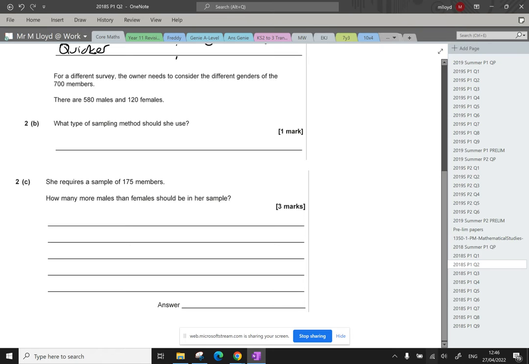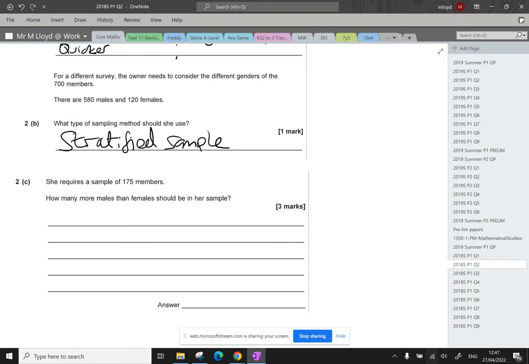You need to have a good split between males and females that represents the population on a smaller scale. So the one method that does it in that way is a stratified sample. Now, if you're struggling with some of these data bits of terminology, speak to an A-level teacher, someone that's doing statistics in year 1, because a lot of this comes up in the early chapters of S1.